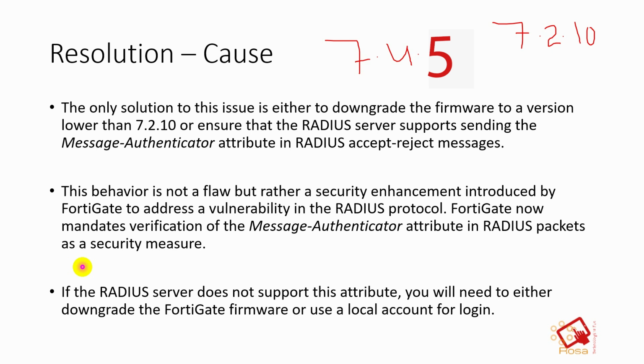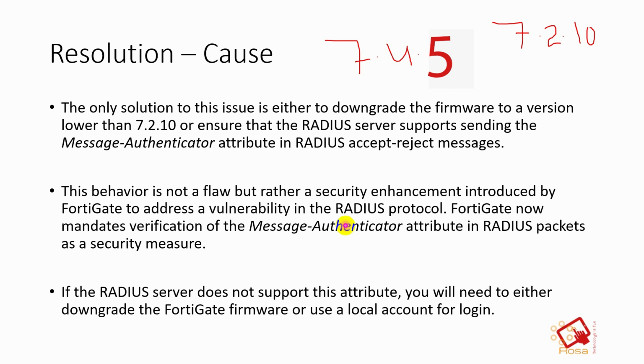But most of the Radius servers are supporting this, and the authenticator from Fortinet of course supports this beginning from version 6.6.2. If the Radius server does not support this attribute, you will need to either downgrade the Fortigate firmware or use a local account for login, and Radius admin will not work. So that's the resolution for this.